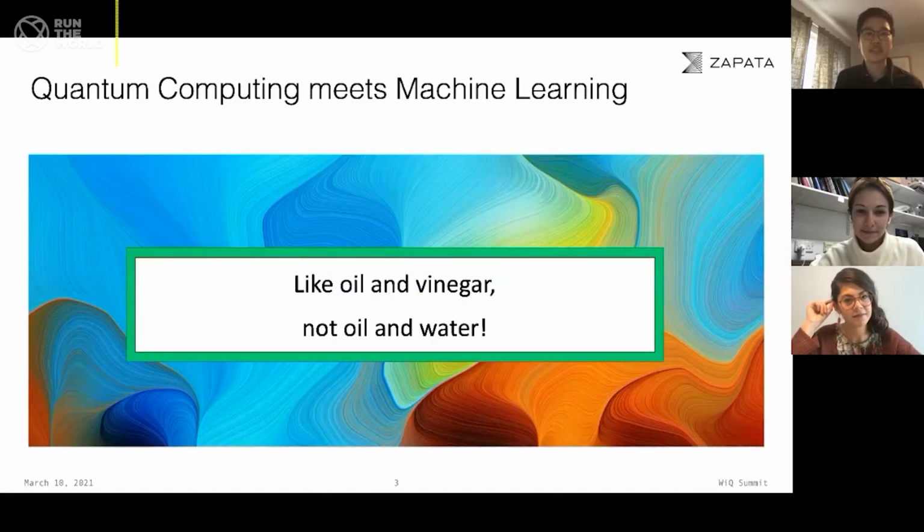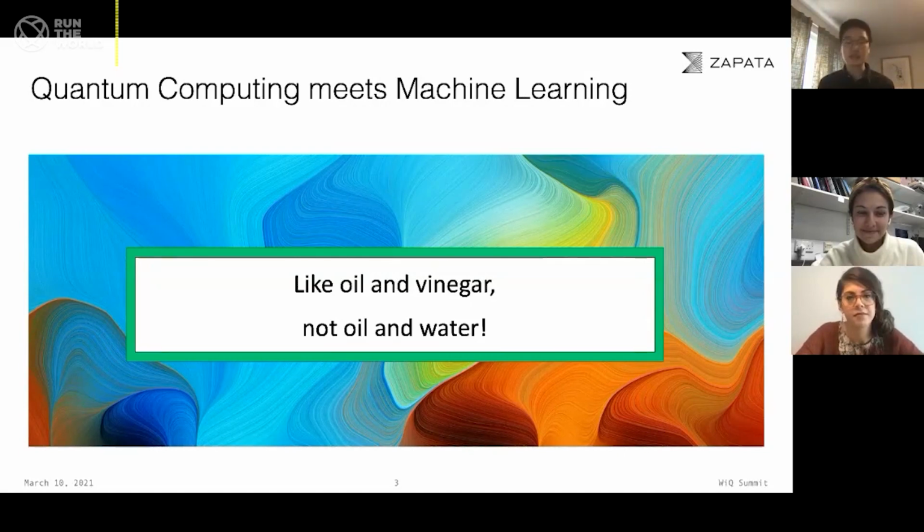Before diving into the myths themselves, I wanted to talk about how Zapata Computing views quantum and machine learning, where we view the two fields like oil and vinegar versus oil and water. As you know, oil and water don't really mix well, but oil and vinegar, under the right conditions and with some additional spices, if you mix it right, at least temporarily, you can produce a very delicious dressing.